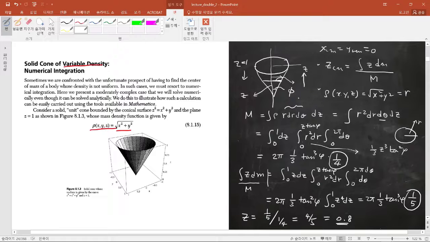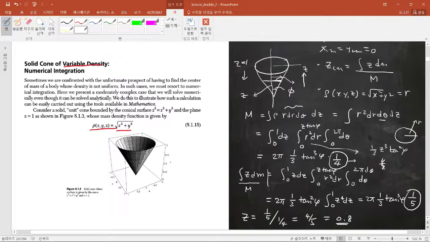So you see there is some pattern here. If this z is equal to 1, but the cone extends to z equal to 2, the only factor that matters here is this one. The z cubed integral and the z fourth integral would each give you a factor of 16, and you see how it changes here.